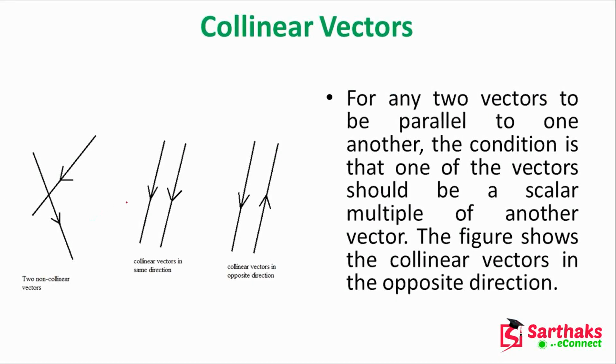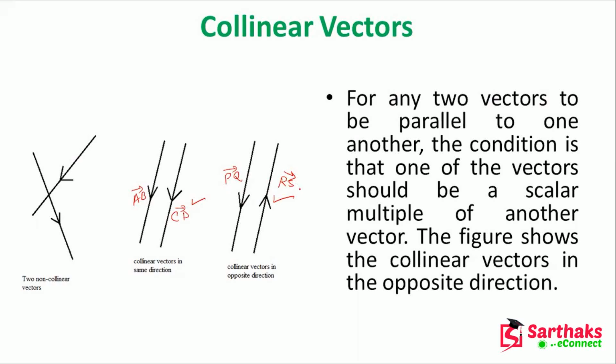Here you can see this one and this one. Just compare these two pictures. These two are parallel vectors. In this picture they have the same magnitude, but that is not always mandatory. These collinear vectors have the same direction, right? Suppose I am giving the names AB, CD, PQ, RS.